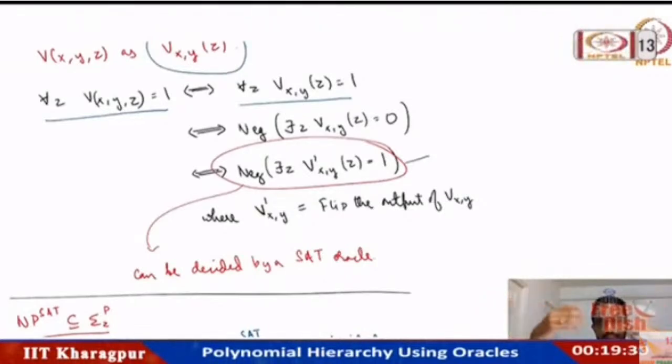That is a satisfiability query, and what we want is the negation of that. So the negation is just you flip the output again. All that it boils down to is a negation query. It's a negation of a satisfiability query.